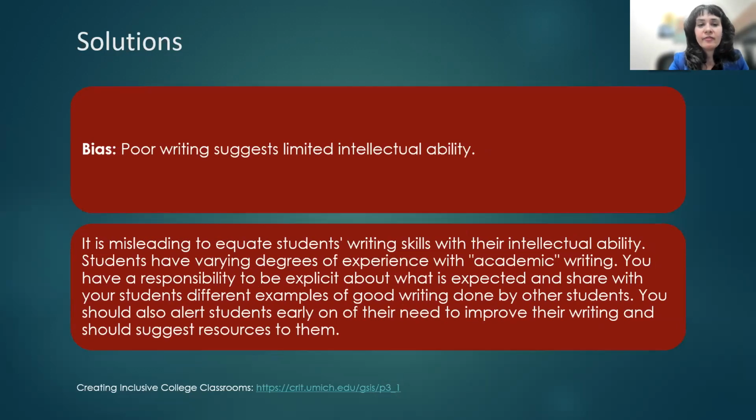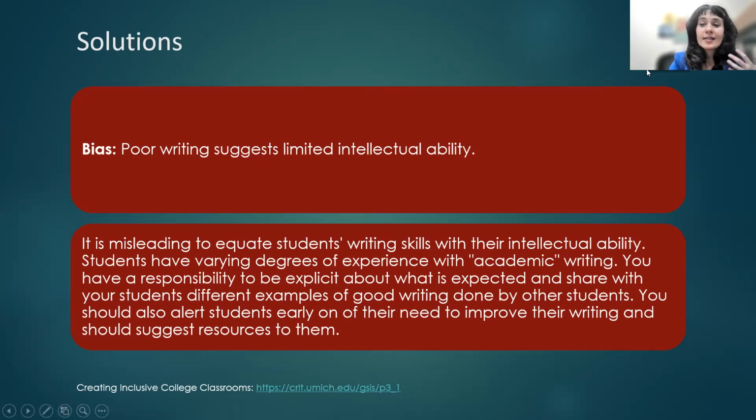So another example very quickly, poor writing suggests limited intellectual abilities. Absolutely not. It is really misleading to equate students' writing skills, especially academic writing, with intellectual abilities. Students have varying degrees of experience with academic writing. It's really true.